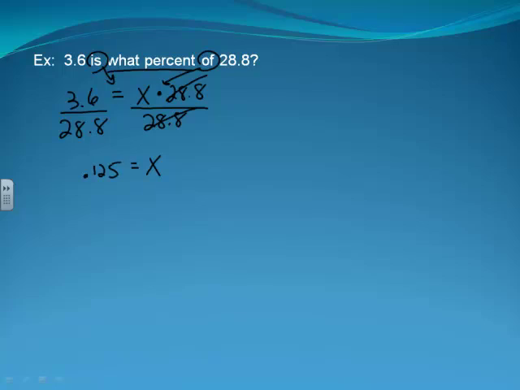So we're going to now have to convert our decimal to a percentage. That's opposite of what we have been doing, so let's think in the opposite manner. Before, to convert a percent to a decimal, we were dividing by 100. So if you're going in this direction, you're going to multiply by 100.